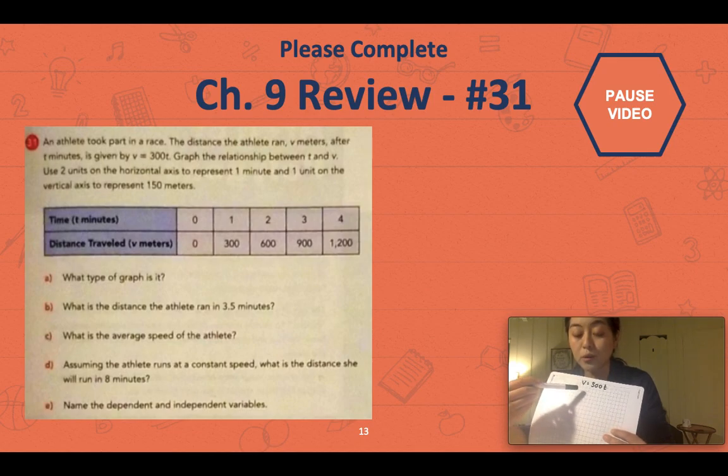In this equation, which one is independent and which depends on it? I see that V depends on T. T could be whatever it wants, but V will change according to whatever T is. So T is the independent variable.